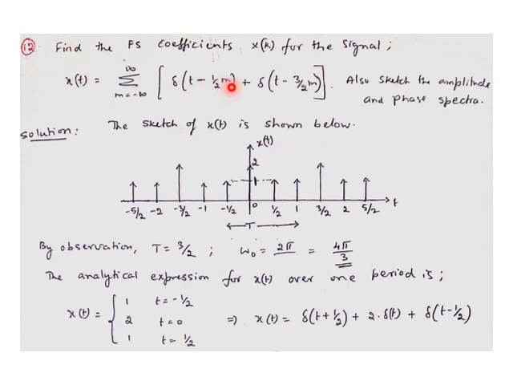If m equal to 1, delta t minus half. If m equal to minus 1, delta t plus half, that is a half shift on either side of the vertical axis. If m equal to 2, delta t minus 1. If m equal to 3, delta t minus 3 by 2.